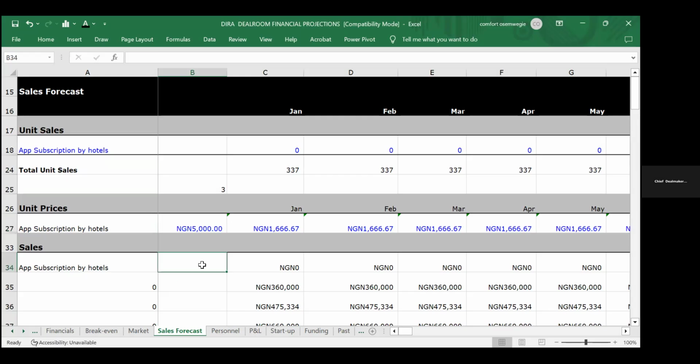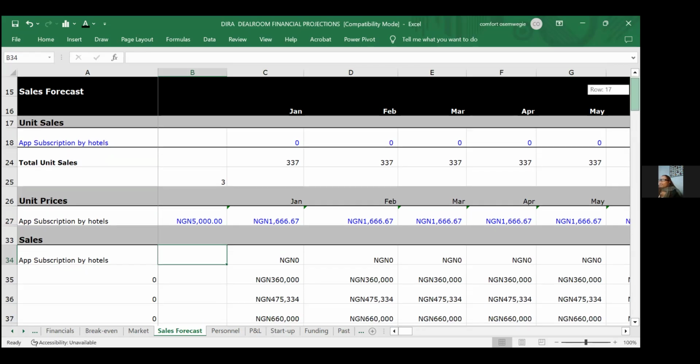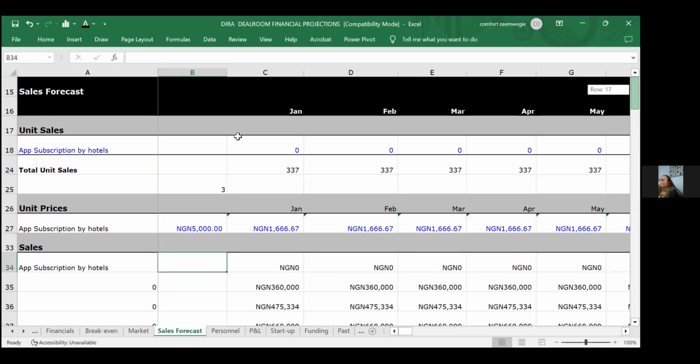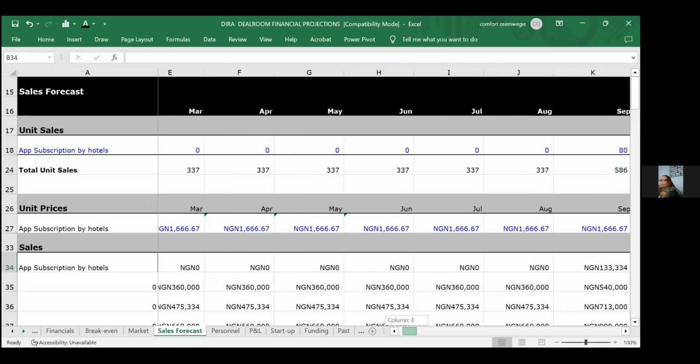So that means I should be having 0 there. I think it has captured 1 month that it is not supposed to capture. Okay, let me see. There's nothing wrong.